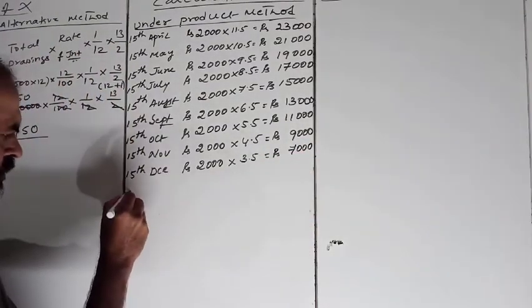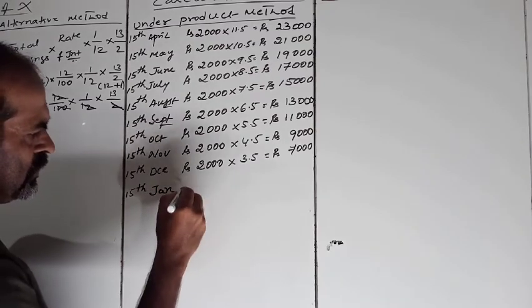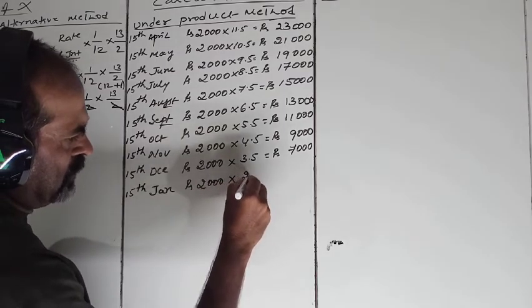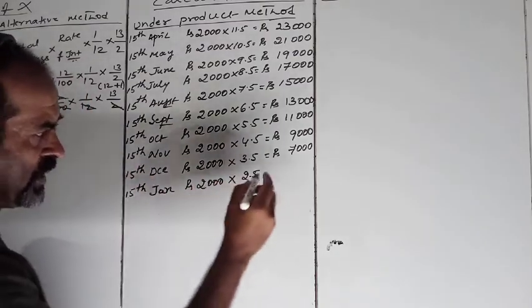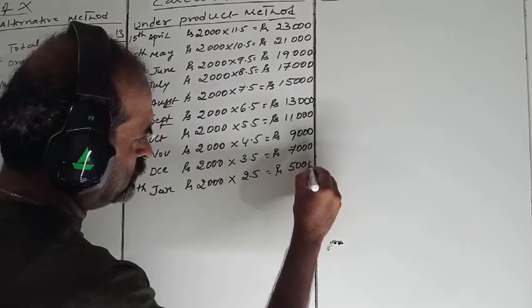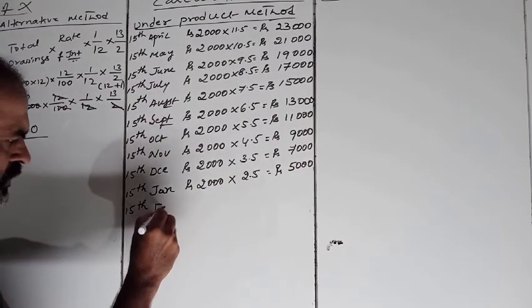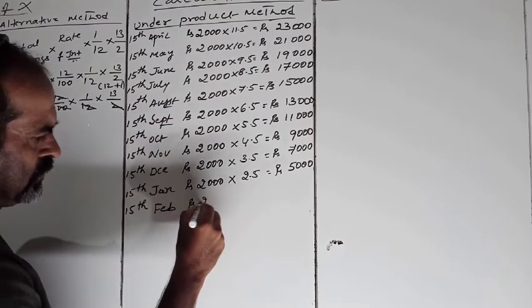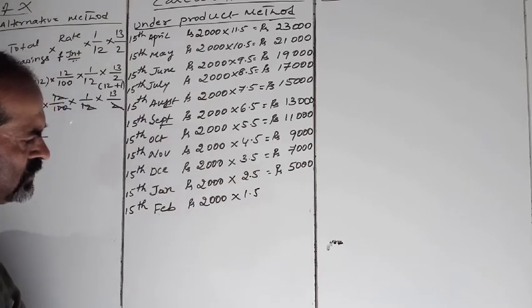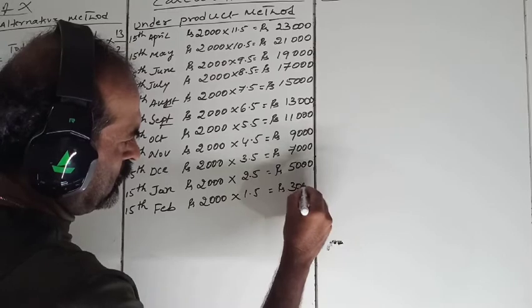The next withdrawal on 15th January, rupees 2000 up to 31st March, 2.5 months, it is 5,000. Next withdrawal on 15th February, rupees 2000 up to 31st March, 1.5 months, rupees 3,000.